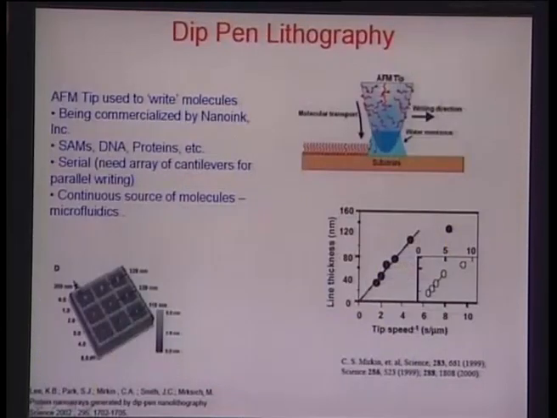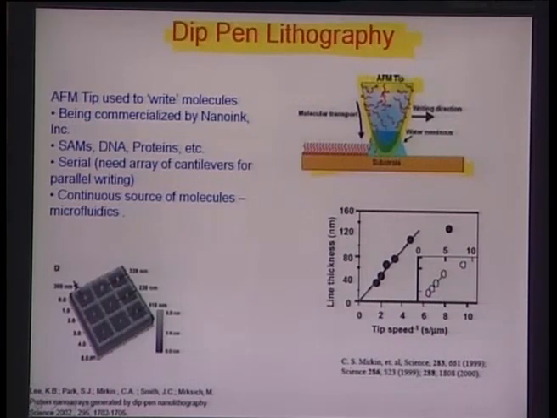The next process is dip pen lithography, and in fact this is again a process wherein we can write molecules selectively on a surface. This process was developed by Chad Mirkin's group at Northwestern. If you look at this process, there is a substrate which is coated with some kind of a film which can selectively adhere to molecules, maybe thiolated DNA, and this here is an AFM tip.